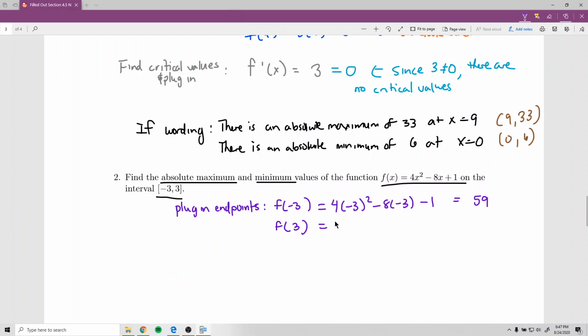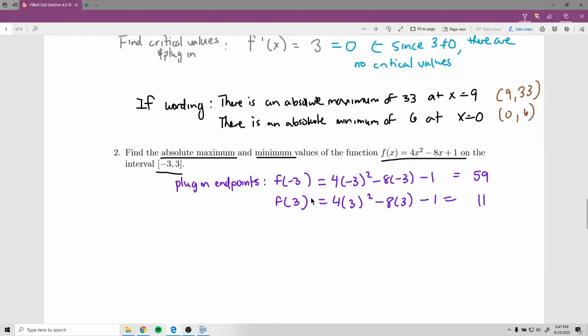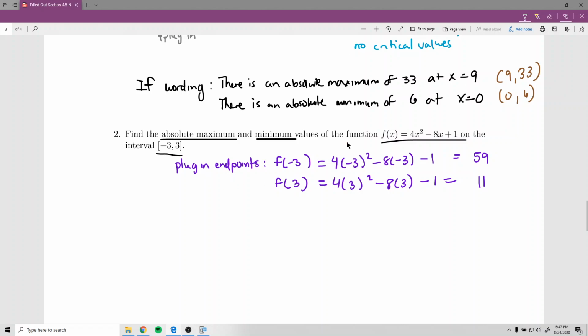I guess I should write out the visual here. We plug in 3, we get 11. But just because last time there weren't critical values doesn't mean this one won't have any. So we have to find the critical values now.